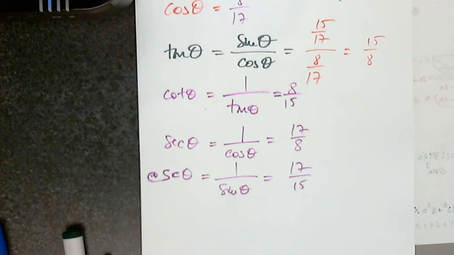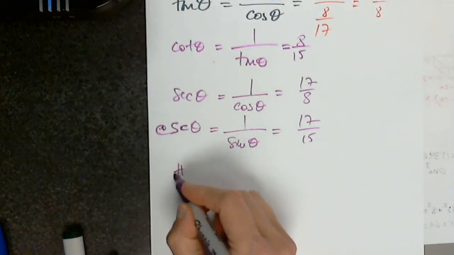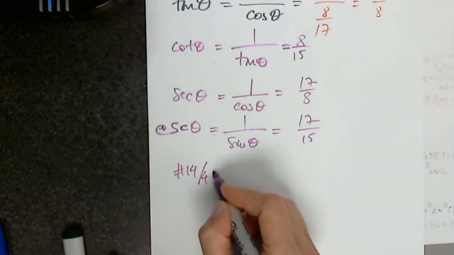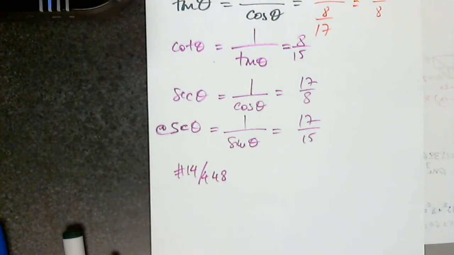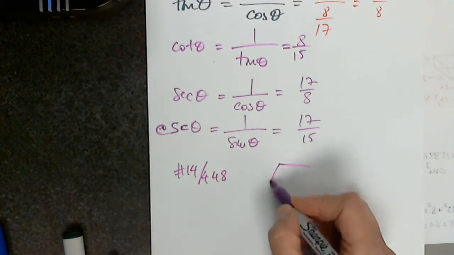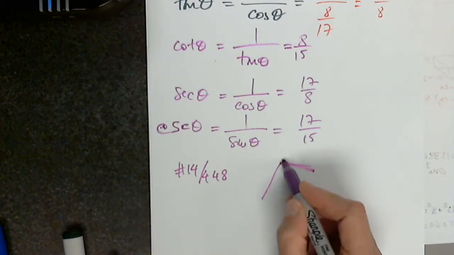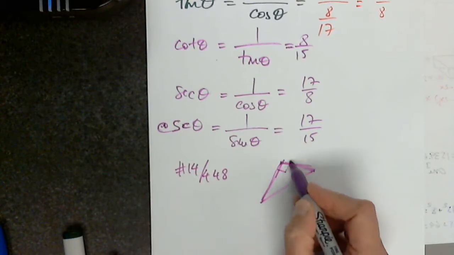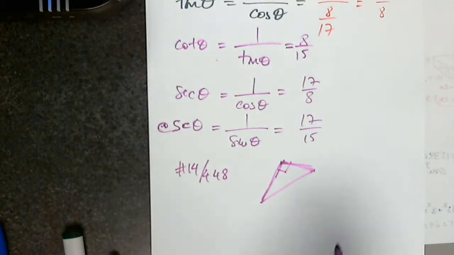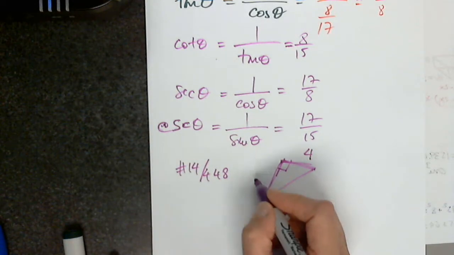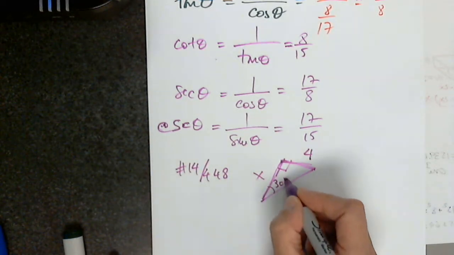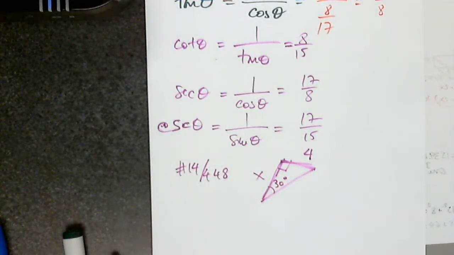So let's look at 14 on page 448. And 14 is a right triangle. There's a 4 here, there's an x here, and it's 30 degrees here. Find the side labeled x and state your answer rounded to 5 decimal places.